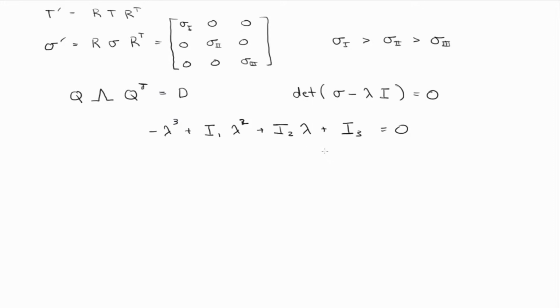So I would get lambda 1, lambda 2, lambda 3. Now, if I take those lambdas and plug them back into this equation and find the null space of that, where x is a vector, and I solve for x, that gives me the eigenvector.